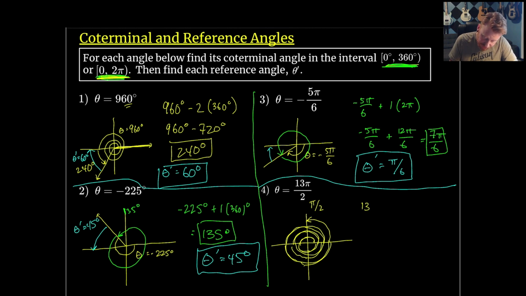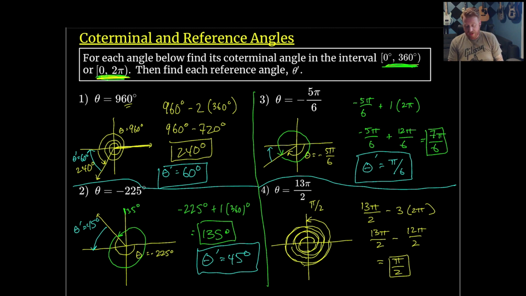So what I'm going to do here is take 13 pi over 2 and subtract off 3 full revolutions. A full revolution is 2 pi. So here I've got 13 pi over 2 minus 6 pi, and I could write 6 pi as 12 pi over 2, just getting a common denominator there. And then when I subtract, I just have 13 pi minus 12 pi, which is just a single pi over 2, which as predicted is what we got.